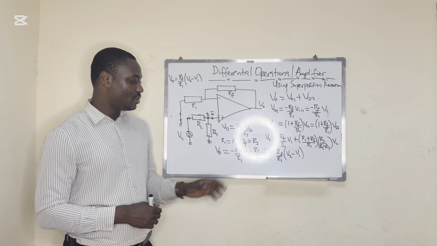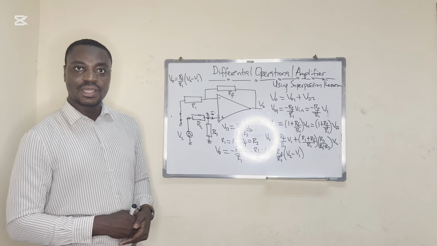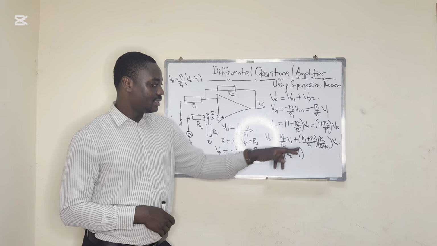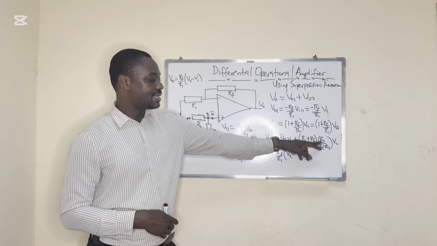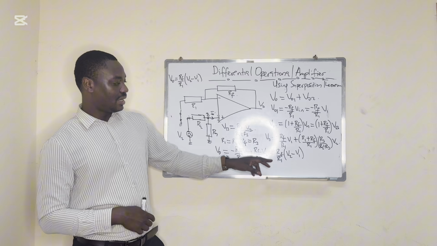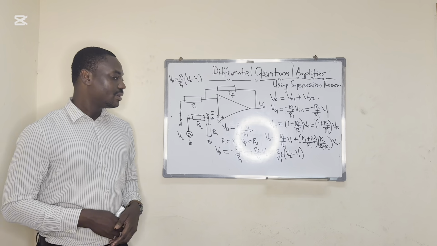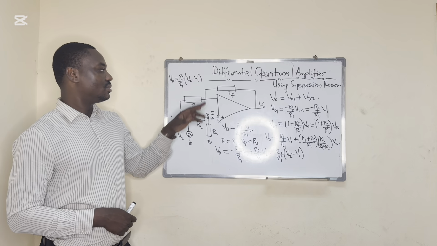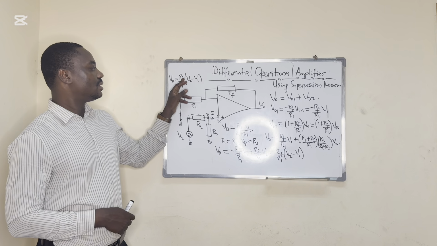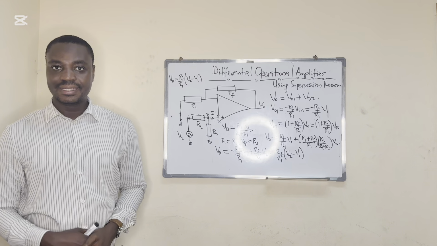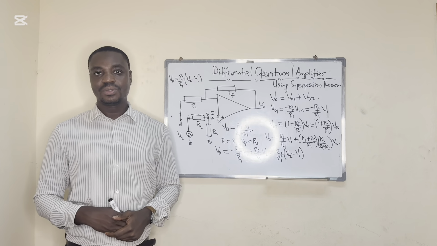So if we put R1 equal to R2 and RF equal to R3, then this will cancel this, and R3 is just RF. So we just have this. Then we end up getting the final formula, where the output voltage equals RF over R1 times V2 minus V1. And this is how we are able to get the output voltage.